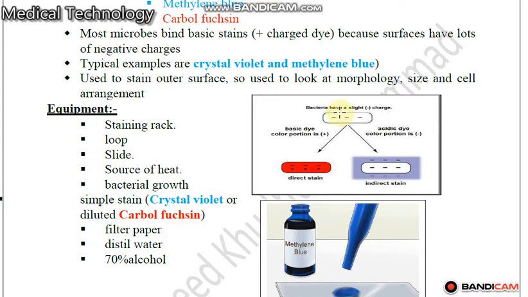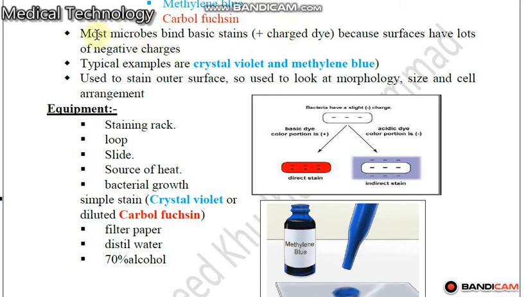Because the cell membrane and cell wall have lipid and lipopolysaccharide, so the charge of the bacteria will become negative, and therefore the bacteria will be stained directly with a stain which has a positive charge.